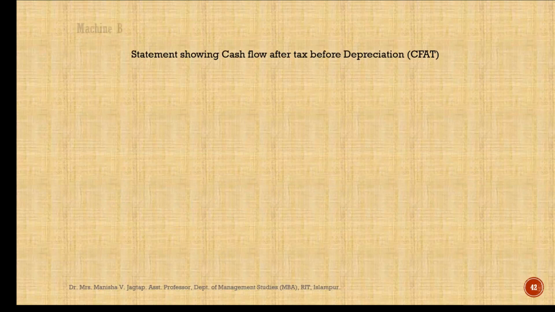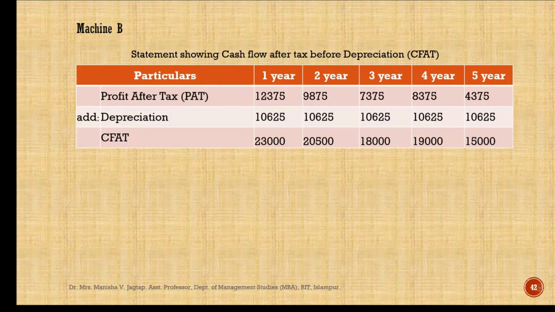The same statement we are required to prepare here, that is of cash flow after tax before depreciation. The same procedure we are going to apply for machine B: PAT is already given in the example. We again calculate depreciation for this particular machine B by applying the formula. Then we add back depreciation and arrive at cash flow after tax.